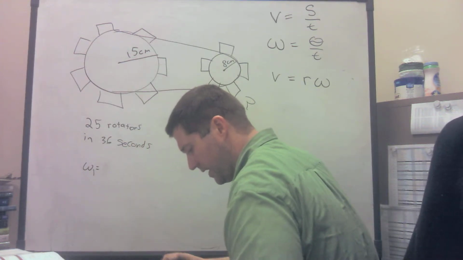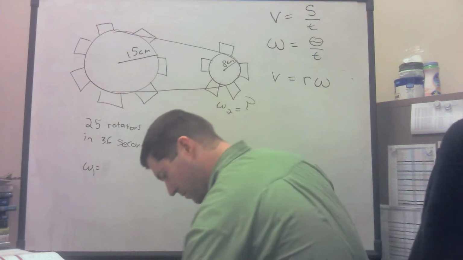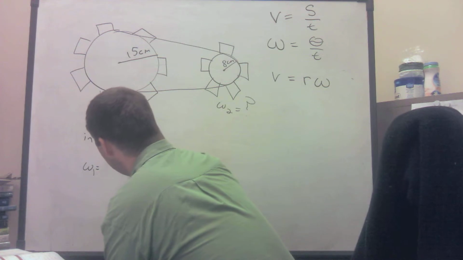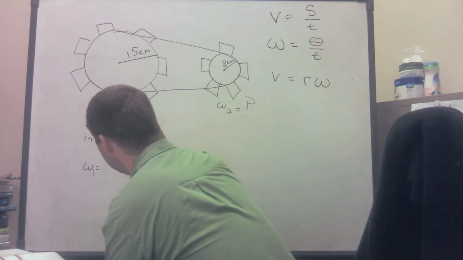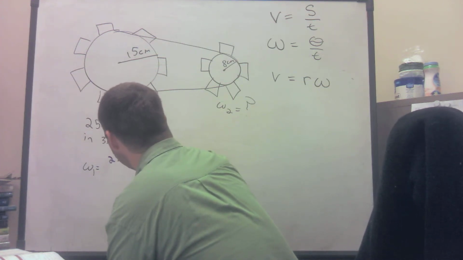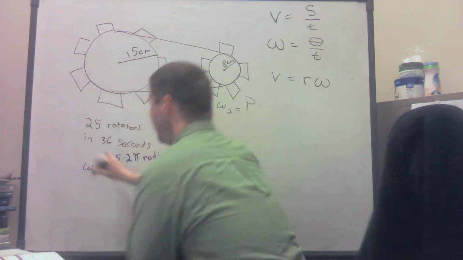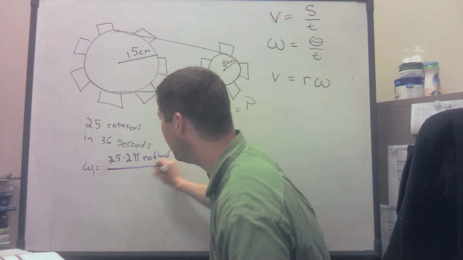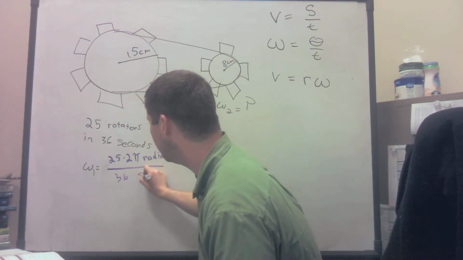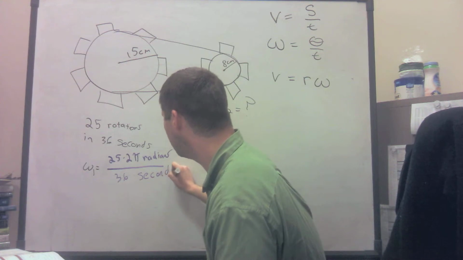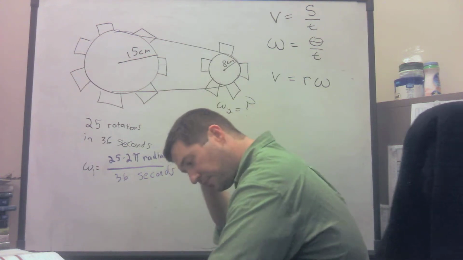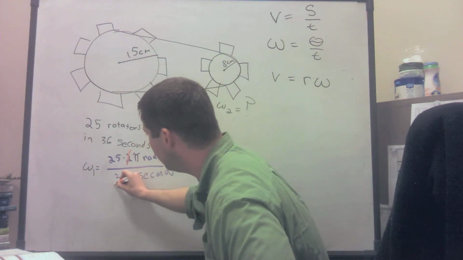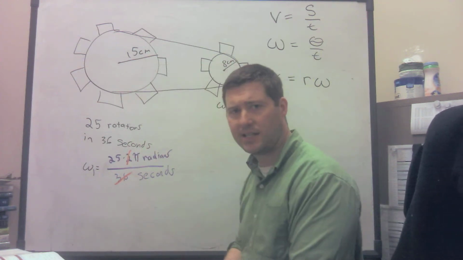I've gone through 25 times 2 pi radians. Right? Each rotation is 2 pi radians. I've gone through 25 rotations, and that took me 36 seconds. So I can simplify that. I could cancel out a 2 from each of these, the 2 and 36.